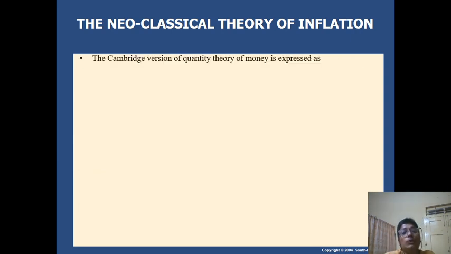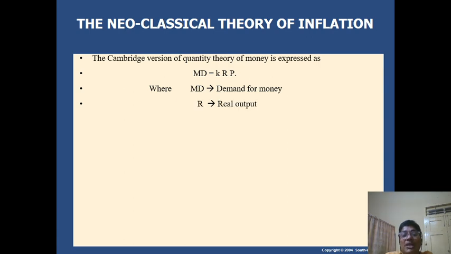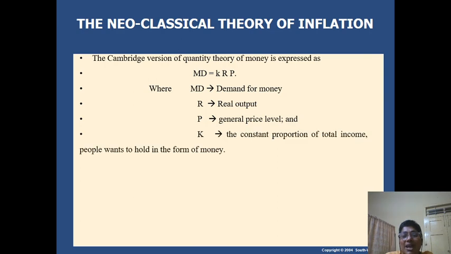Now, the Cambridge version, as you already know, is expressed as MD equals kRP. What is this? MD is the demand for money, R is the real output, and P is the general price level. And what is this k?